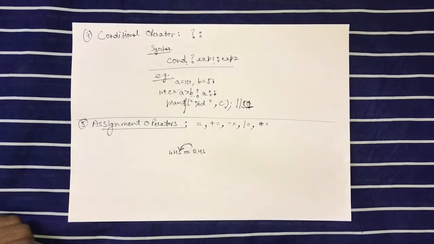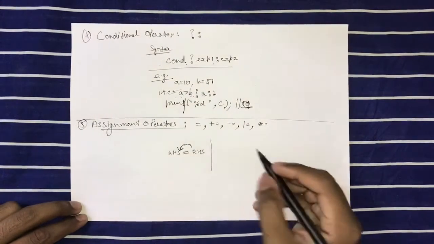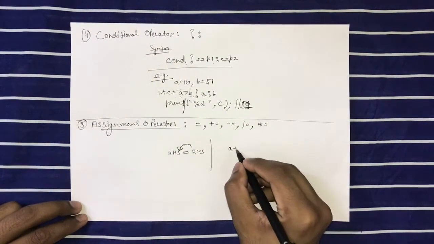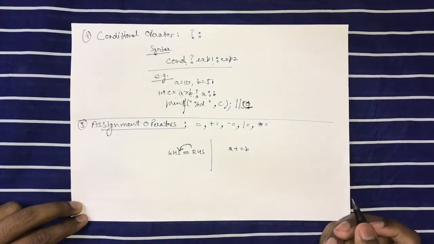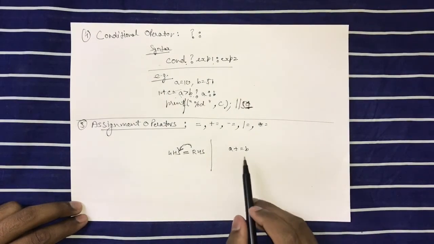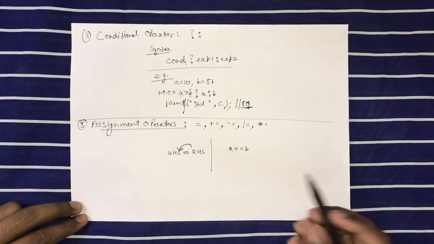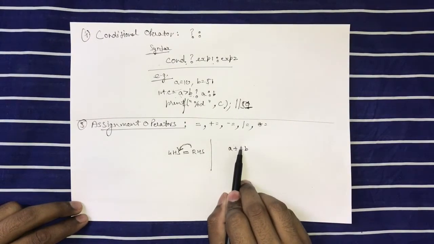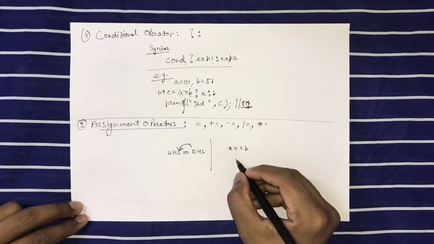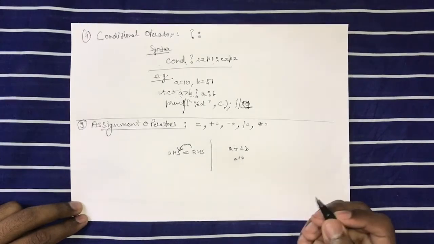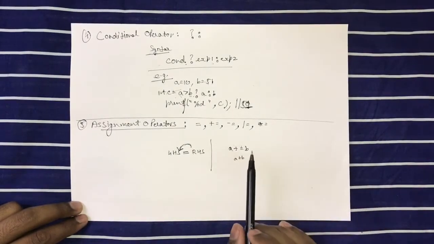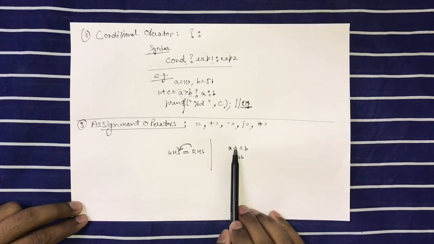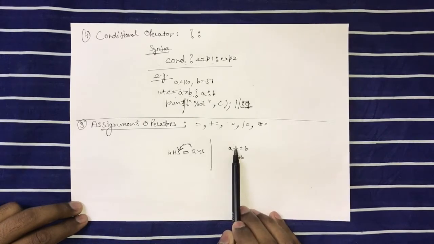What does it do is, say if I have a plus equals b, what does this operator do is, what do you see if I hide equal to operator? a plus b, right? So these two will get added in the background, and now if I hide plus sign, what variable is there in the left side of the equal to operator? It's a, right?